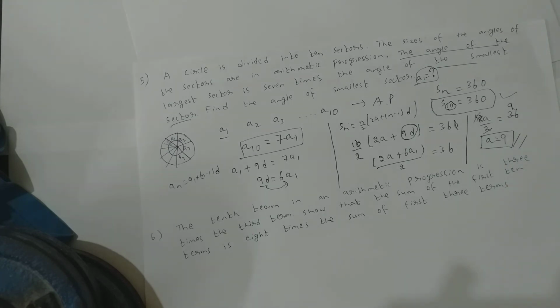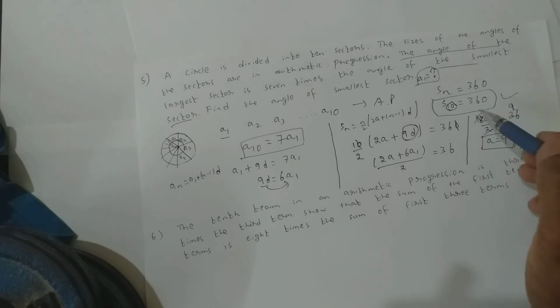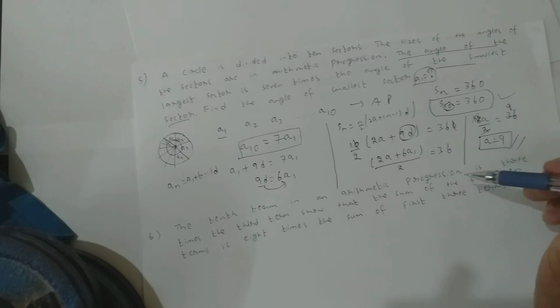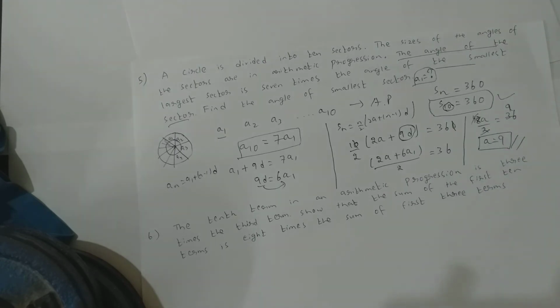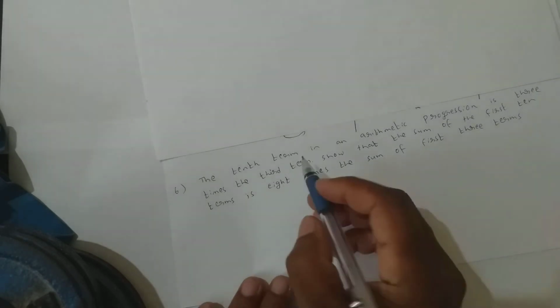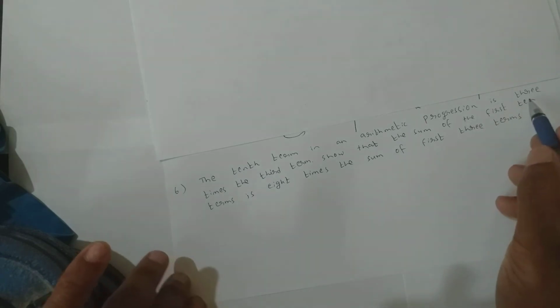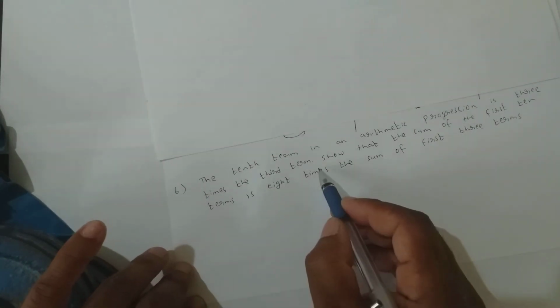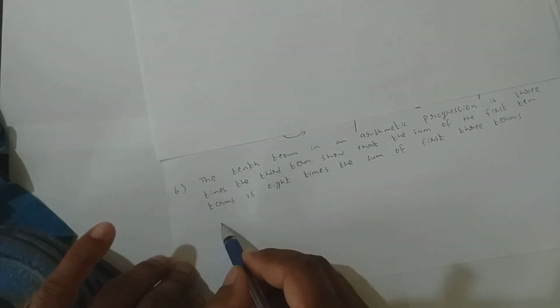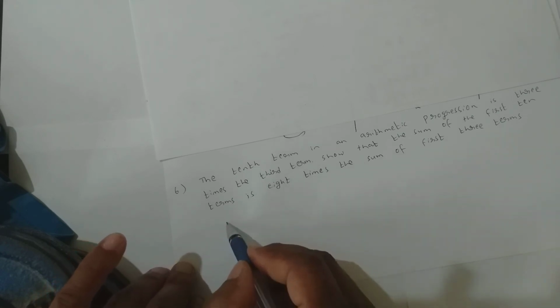Is the sum clear? If you have got this idea, it is easy. Now look at the next sum. The 10th term of an arithmetic progression is 3 times the third term. How do you show that statement in mathematical equation form?